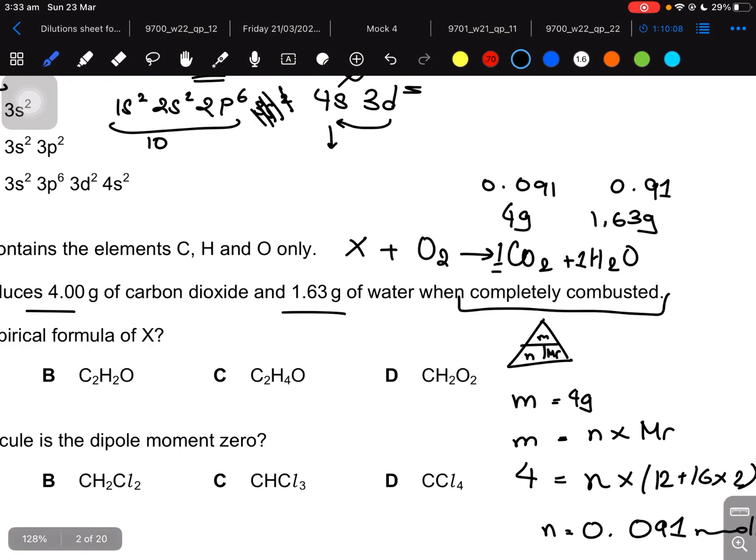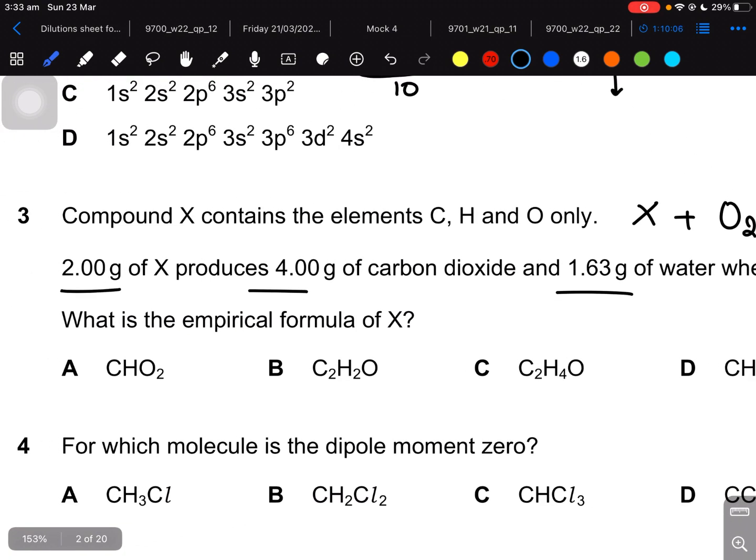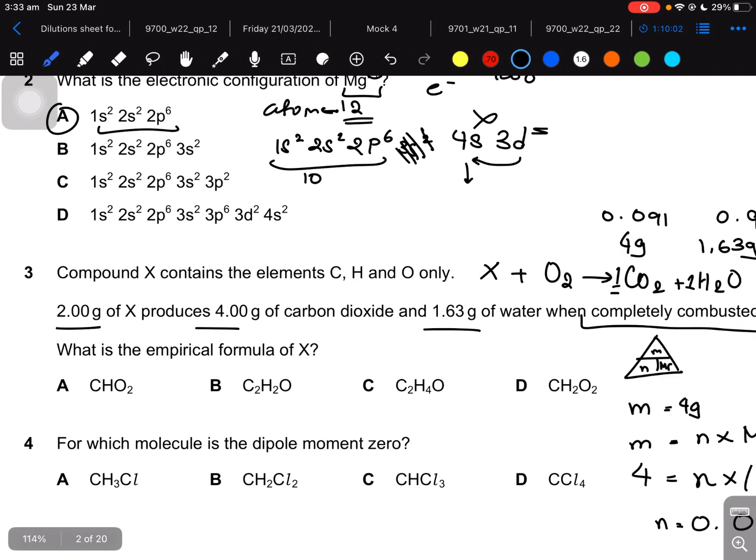So if we have C and H that will give you 1 to 1 ratios, this will not give you 1 to 1 ratios. This won't give a 1 to 1 ratio. This will give you a 1 to 1 ratio actually.